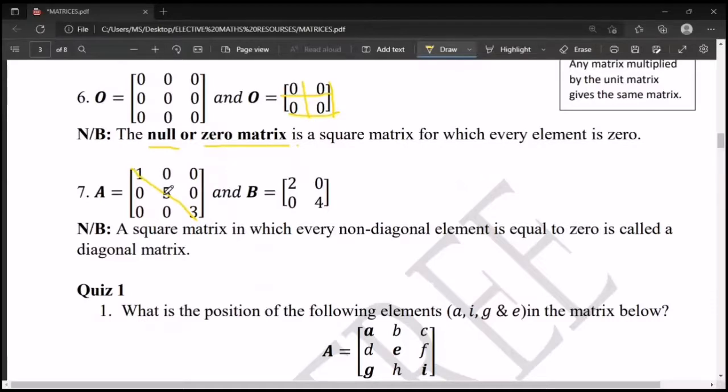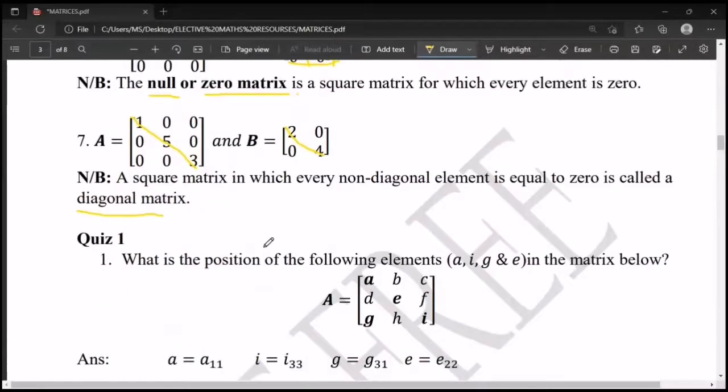For identity, all the leading diagonals are 1, 1, 1, and the non-leading diagonals are 0. So this matrix in this form is called a diagonal matrix. And this 2 by 2 is a diagonal matrix because it's a square matrix, and again, the leading diagonals are not the same.